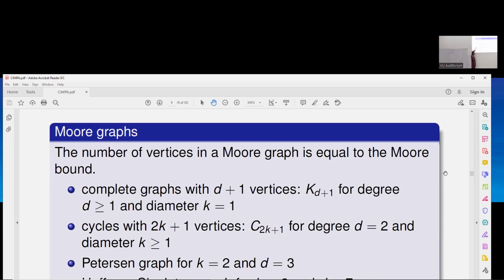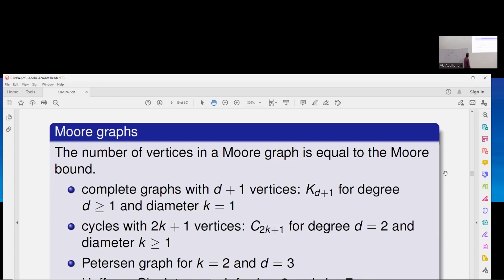Then the next set of graphs is cycles with 2k plus 1 vertices. You might be wondering why 2k plus 1, what does it actually mean? It means odd cycles, cycles with an odd number of vertices. Again, in graph theory we use capital C for cycles, so Cn represents a cycle with n vertices.